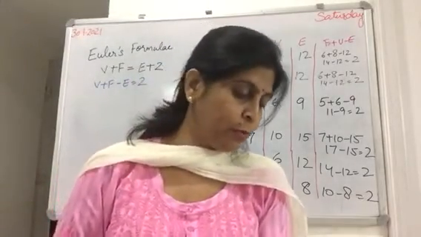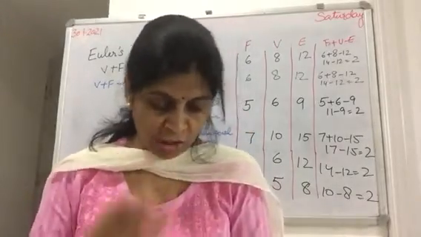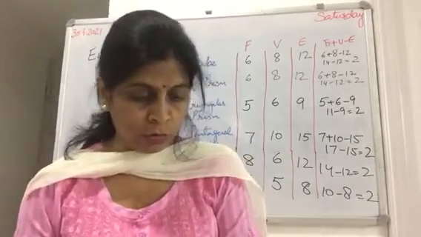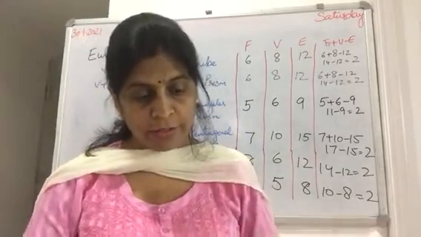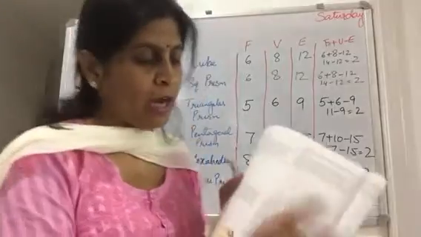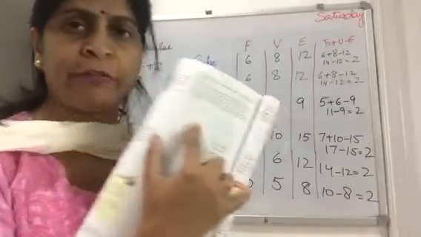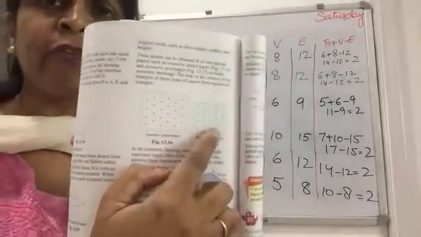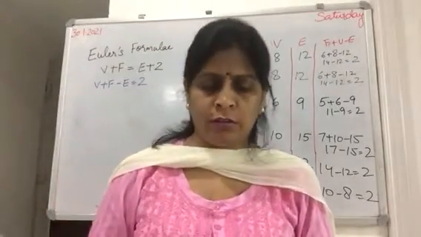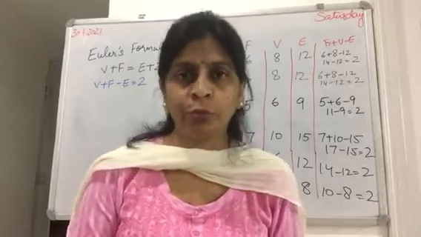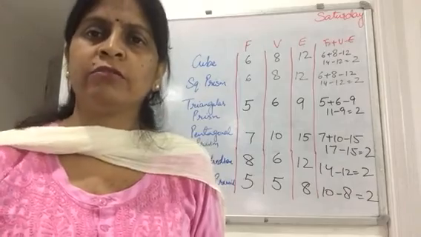There are two types of paper: isometric dotted paper and isometric grid paper. It is given here on page number 184, in which you can see the grid is drawn. This activity we will not be able to do due to the pandemic situation. So here we complete this 3D shapes chapter. Thank you.